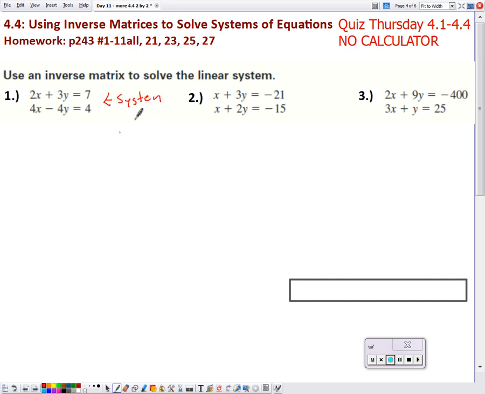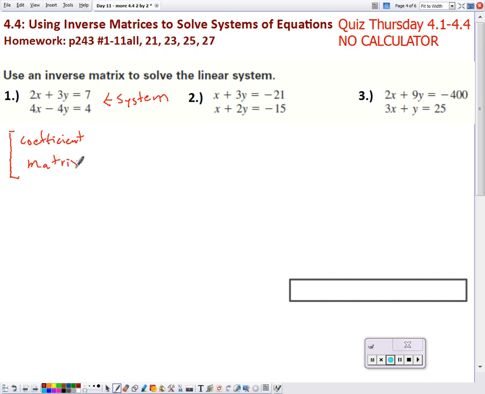What I'm going to do is take my system and rewrite it with matrices. The first matrix I'm going to write is going to contain all the coefficients. We'll call that the coefficient matrix.